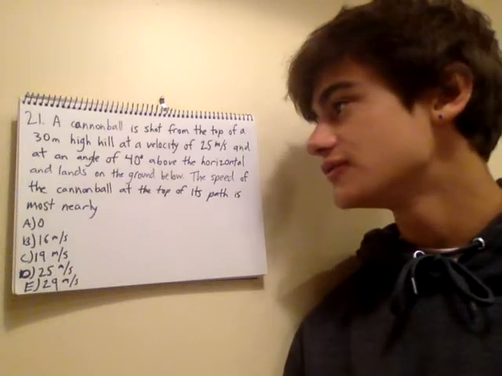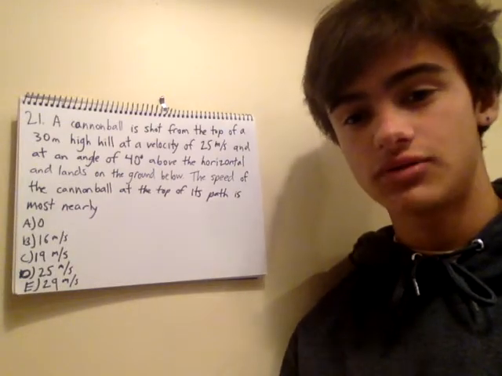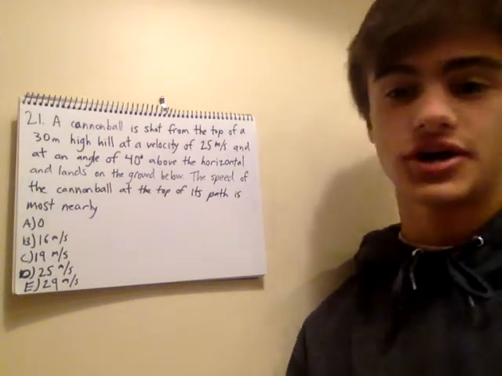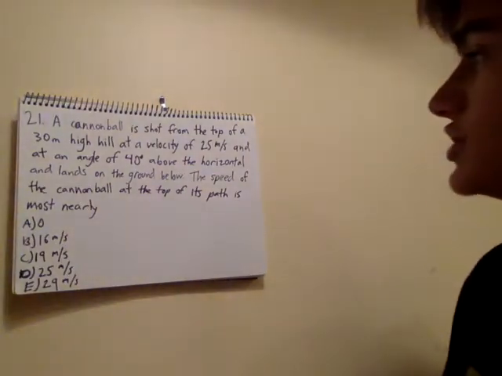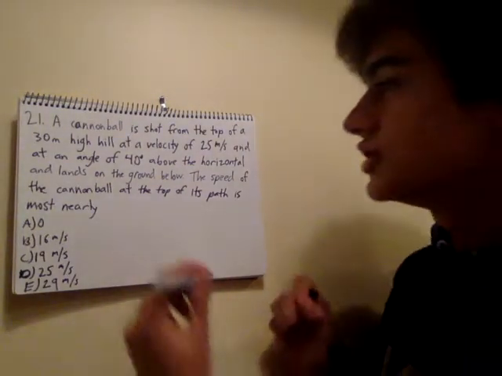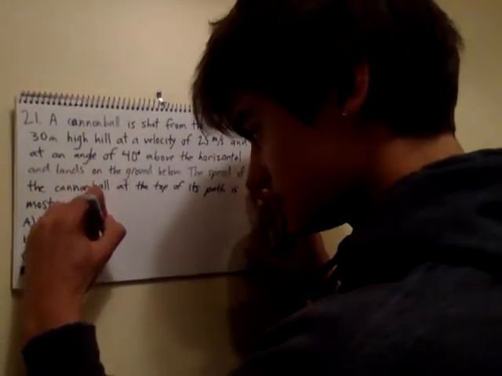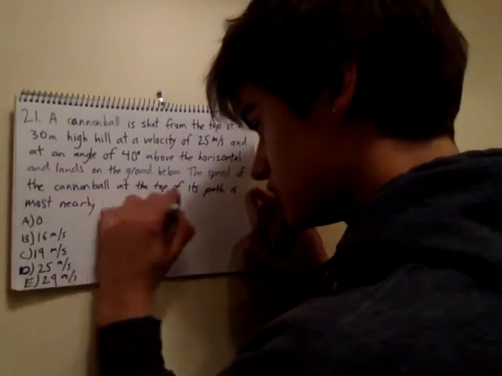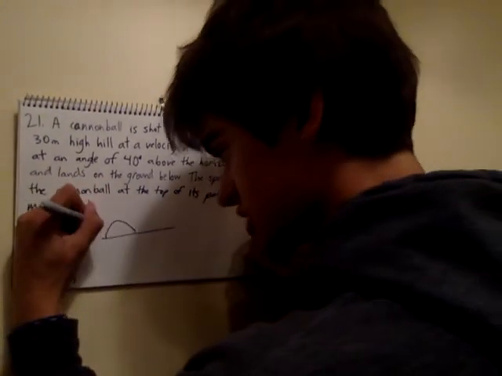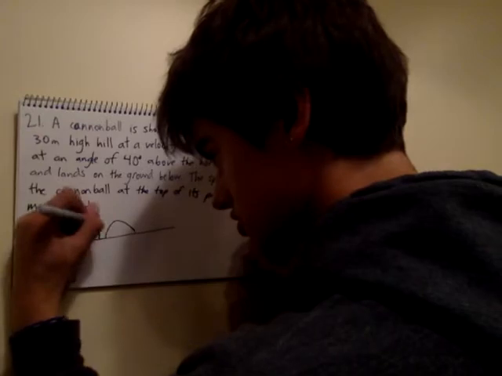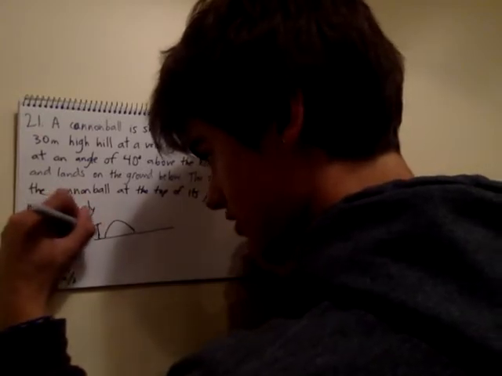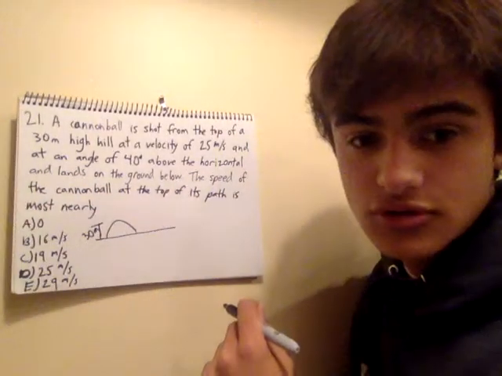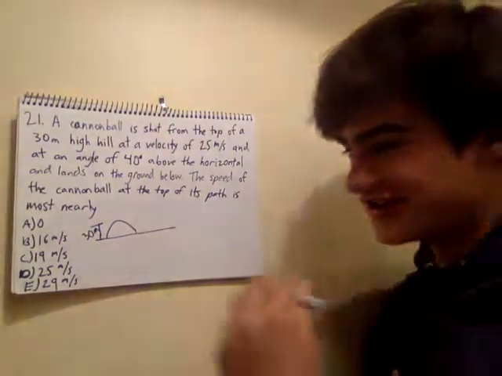So to start off with this projectile motion problem, let's just draw a little diagram so we can better visualize what this is going to look like. So we have a 30-meter high hill. Bam, there's a little hill. Let's say this is 30 meters. Hopefully that's legible enough.